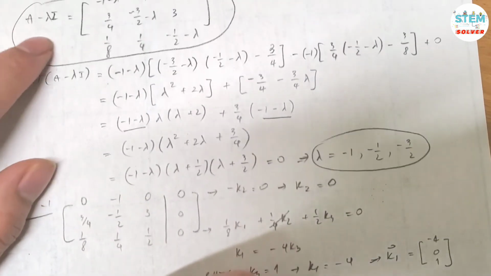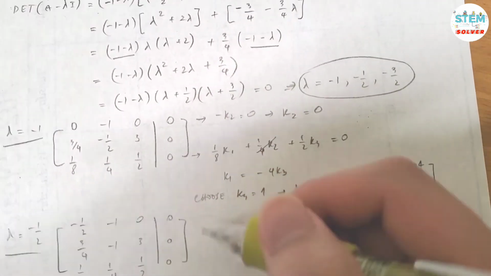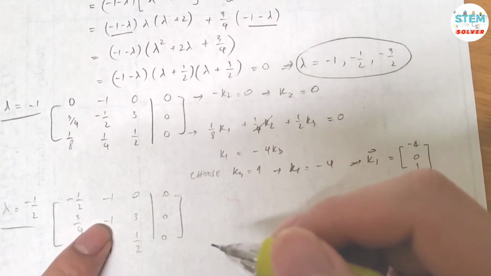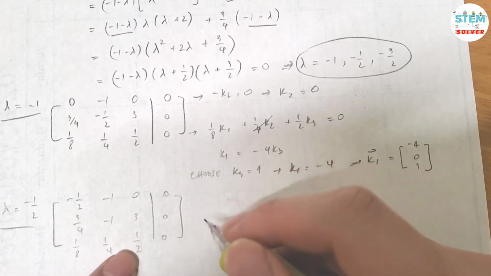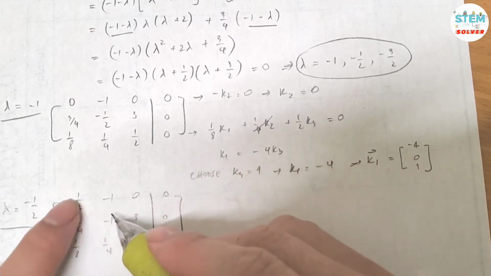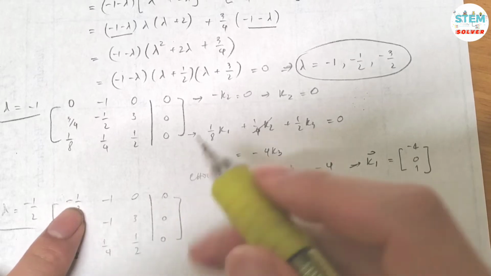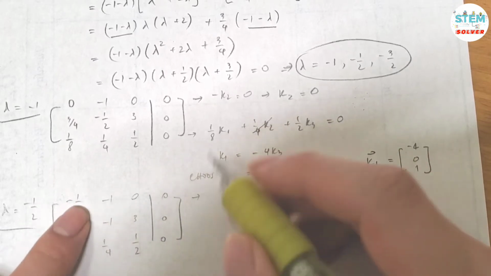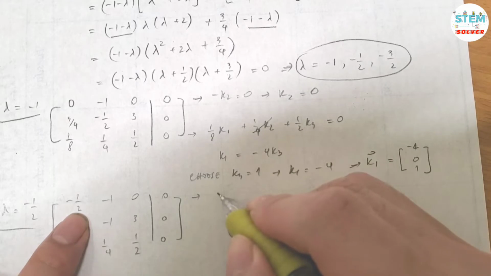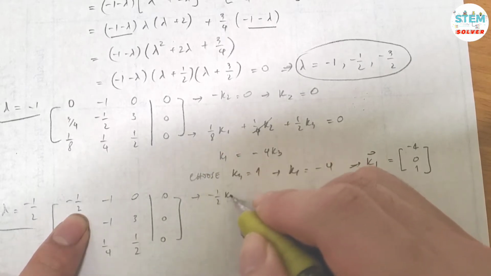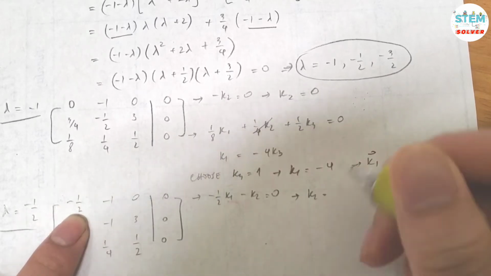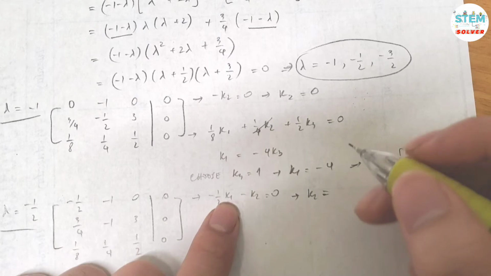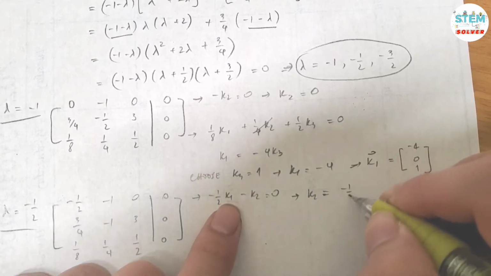Now you're going to do the same thing for lambda equals -1/2, and this matrix becomes this. Again, you would reduce this down to a base matrix to solve for the unknowns, but instead I just take a look at this matrix and solve for the unknowns. Using the first equation, I get -1/2 k1 minus k2 equals 0. Solve for k2, I will get -1/2 k1.